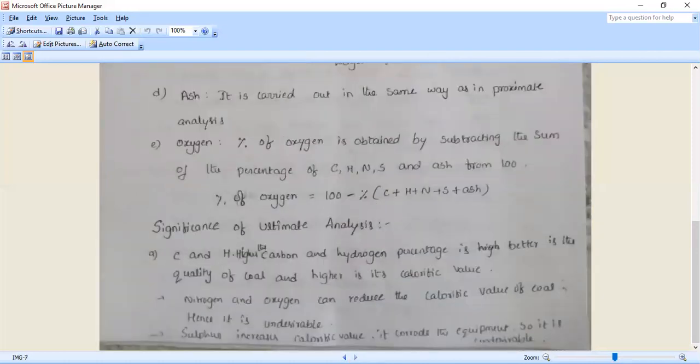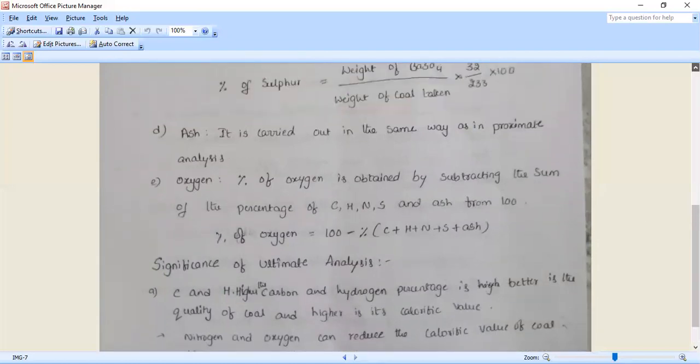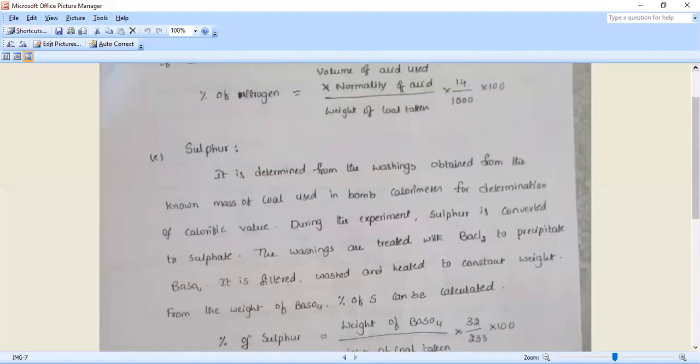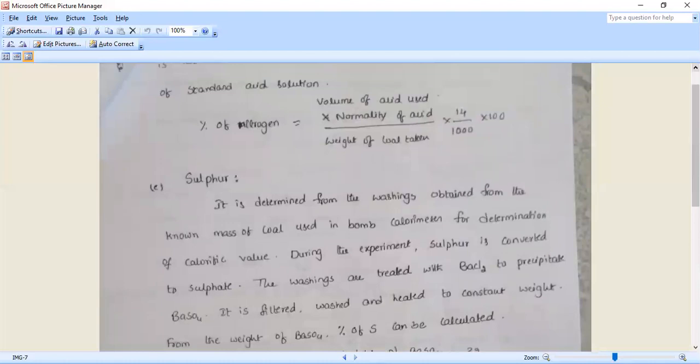The liberated product is washed with distilled water and treated with a known volume of acid. The percentage of nitrogen equals volume of acid used into normality of acid, by weight of the coal taken, into 14 by 1000, into 100. So we calculate the percentage of nitrogen present in the coal sample.